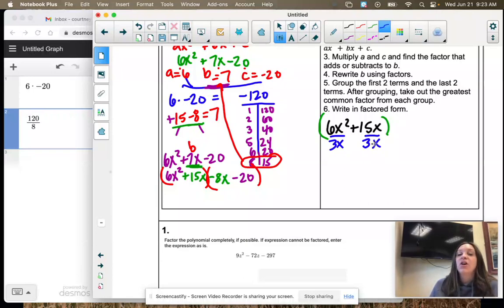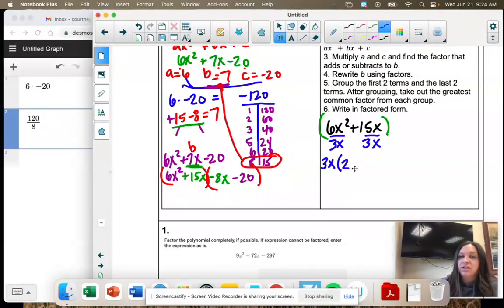So my greatest common factor here is 3x. So I'm going to take that out and write it in factored form. So 6 divided by 3 is 2. I started with 2 x's and I took out 1. And then 15 divided by 3 is 5.